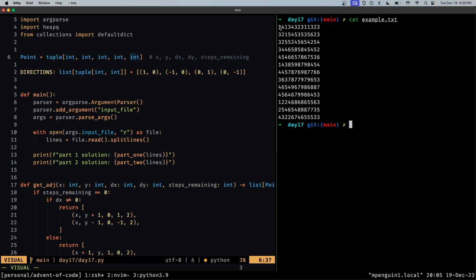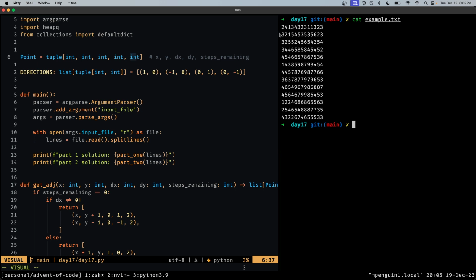If we start at this top left corner and go down to the 3, our point would be defined by x equals 0, y equals 1, dx equals 0 because we're not moving in the x direction, dy equals 1 because the current direction we're increasing y by 1 each time, and steps remaining would be 2, because we've moved down once, so we've taken 1 step and we have 2 remaining before we must turn.